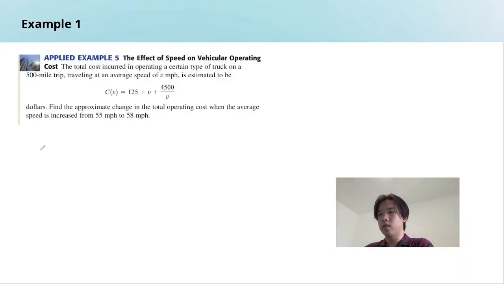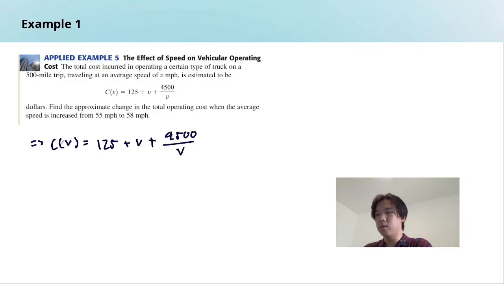Now on the first example, the total cost incurred in operating a certain type of truck on a 500-mile trip traveling at an average speed of v miles per hour is estimated to be: we will write the cost function C(v) = 125 + v + 4,500/v dollars.